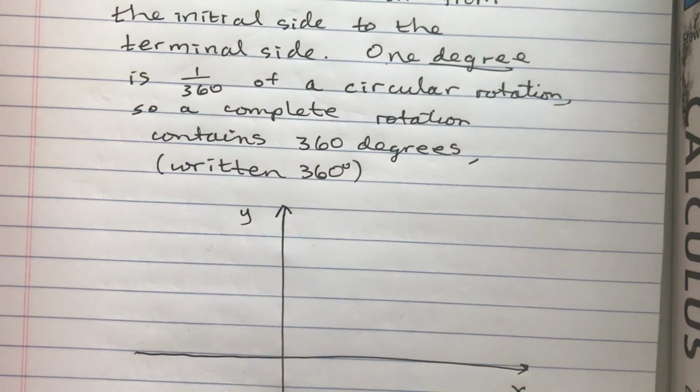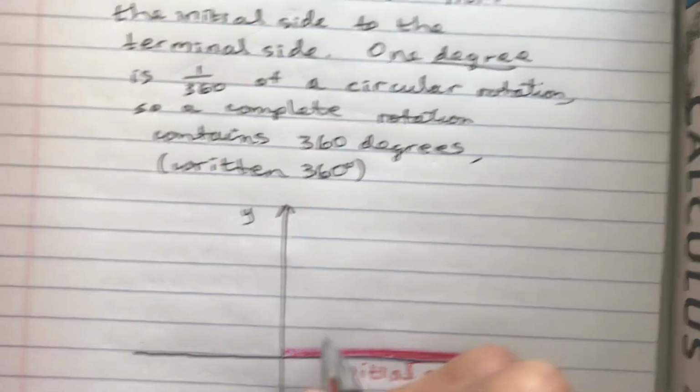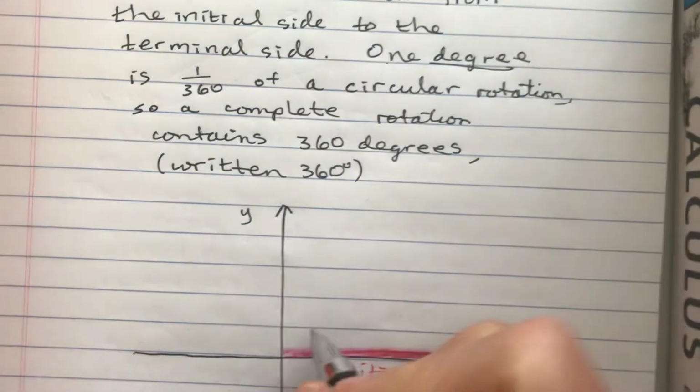So with the XY plane, what we do is we draw an angle, and we draw it such that its initial side lies along the x-axis, and then the terminal side is somewhere else.